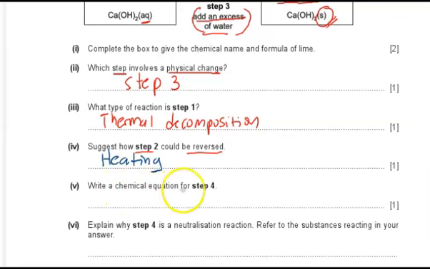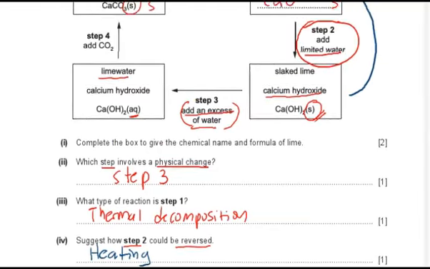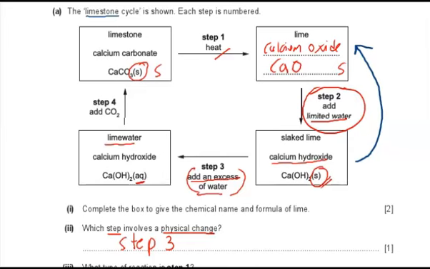Write a chemical equation for step 4. Step 4 is this: lime water to limestone. So you have to add carbon dioxide. So calcium hydroxide added with carbon dioxide forms calcium carbonate.